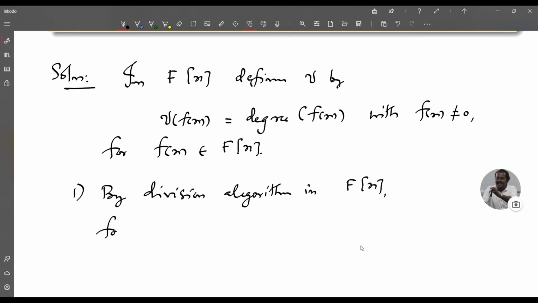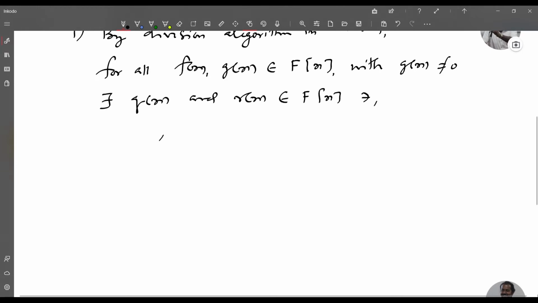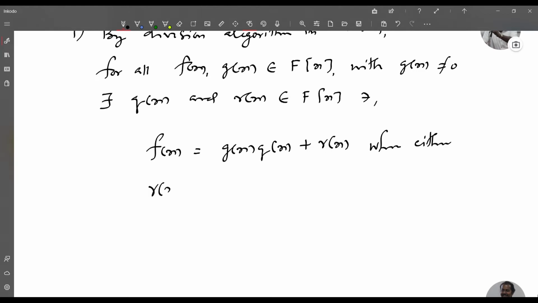For all f of x and g of x in F of X with g of x not equal to 0, there exist q of x and r of x in F of X such that f of x is equal to g of x times q of x plus r of x, where either r of x is 0 or degree of r of x is less than degree of g of x.